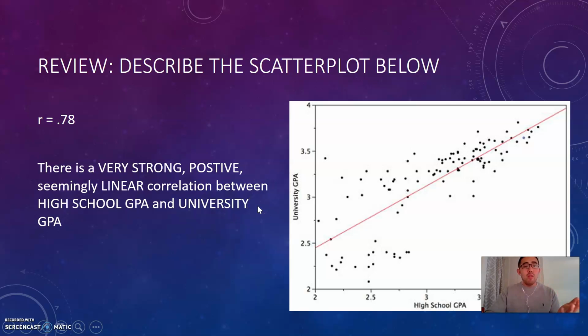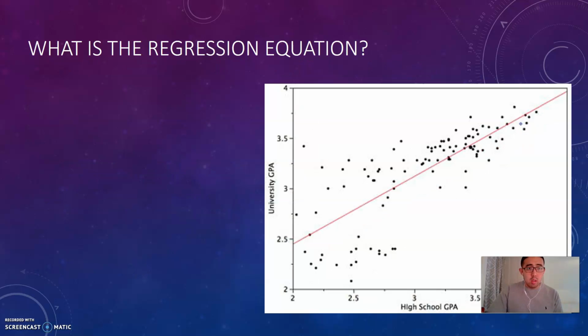The R value is what tells us the strength and the direction. It looks seemingly linear. There is a way to determine linearity, but for now, you're just going to eyeball it. And what are my variables? My high school GPA and my eventual university GPA. So don't forget SDFC: strength, direction, form, context.